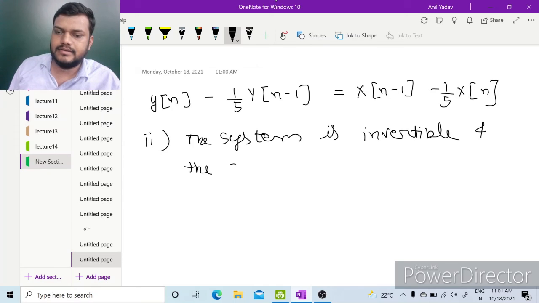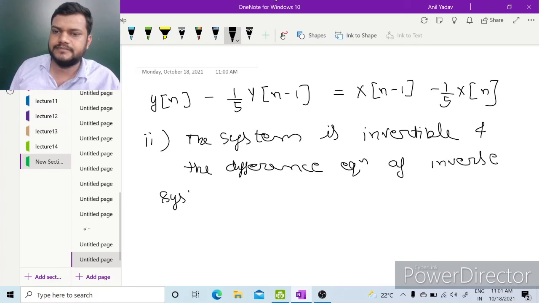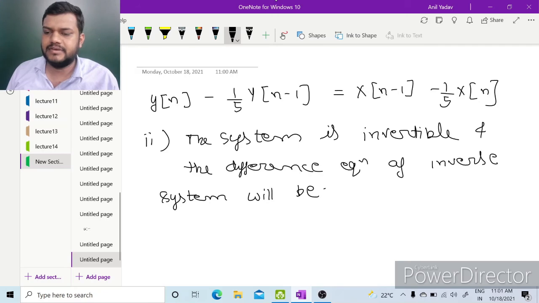For the given system, we know the difference equation y[n] minus 1 by 5 y[n minus 1] is equal to x[n minus 1] minus 1 by 5 x[n].